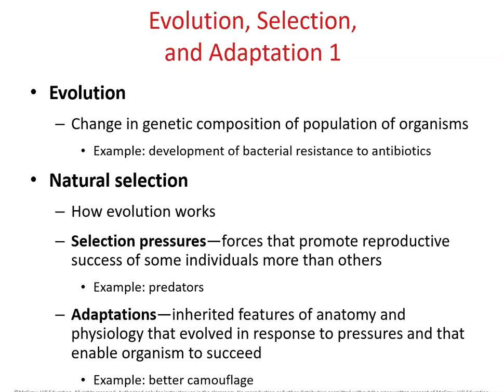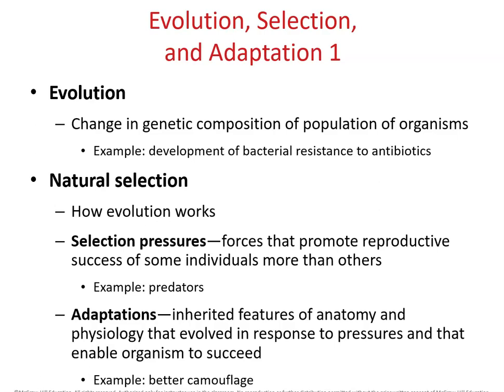Okay, so if we look at an example of predators that are fast, the prey animals that are faster than the predators are more likely to survive and reproduce than the individuals of the prey species that are slower than the predators. They're likely to die before they are able to reproduce.